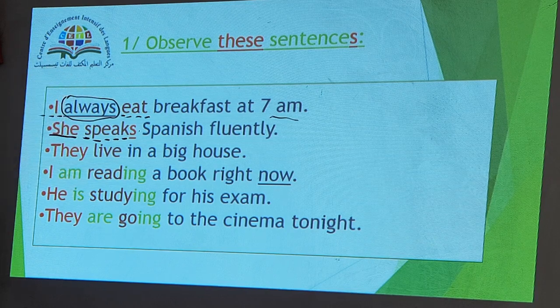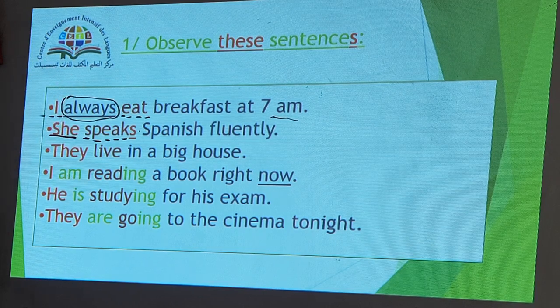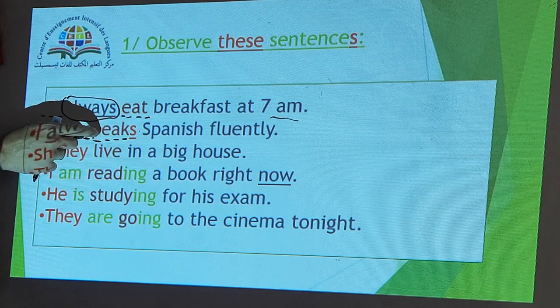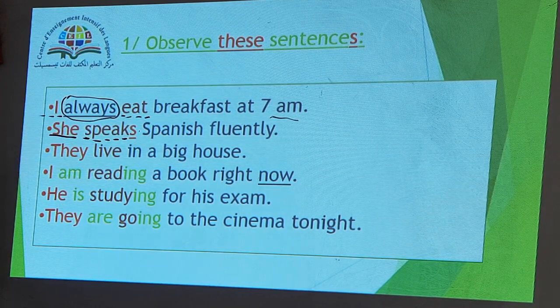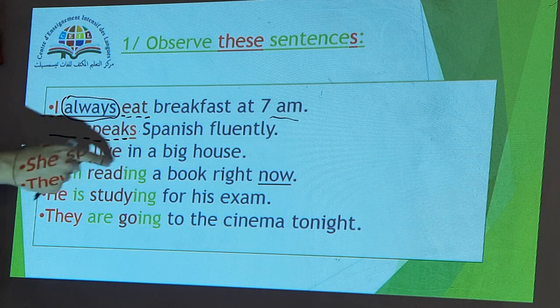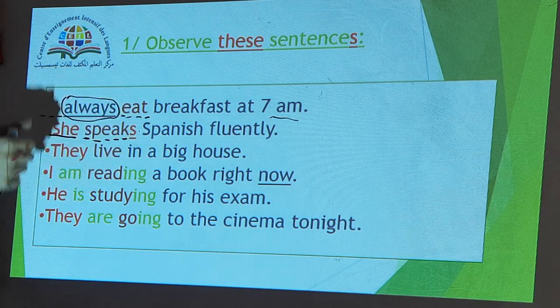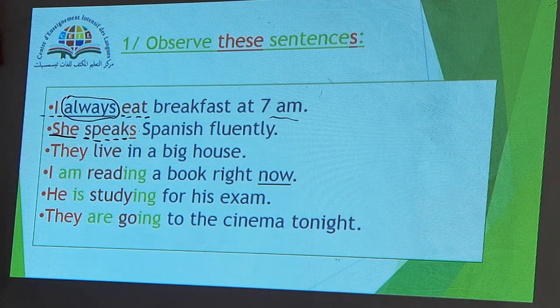Here we have used the present simple in order to express a fact about her. It means that Spanish is one of her abilities. So speaking Spanish for her is one of her abilities.